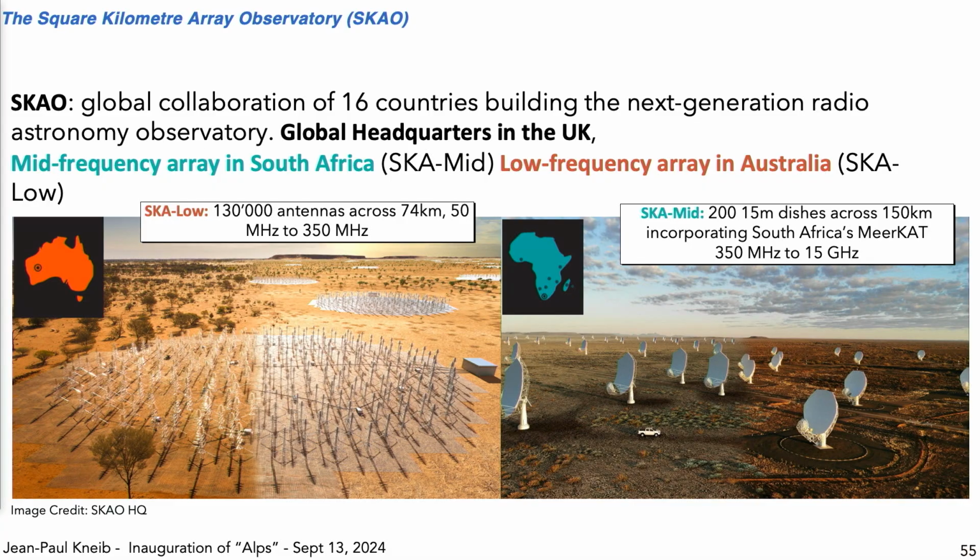So that's the SKA project, the Square Kilometre Array Observatory, which plans to build two radio telescopes, the largest radio facility infrastructure in the world, both in Australia, here with what we call rack antennas, and in South Africa with dish antennas of 15 meters. In both places, we're going to deploy a lot of these antennas, 130,000 in Western Australia and about 200 in South Africa, over tens of kilometers.